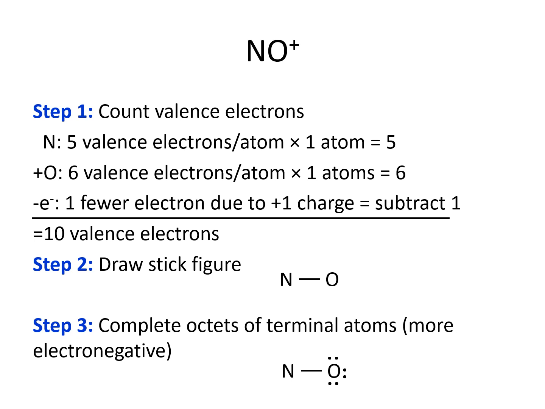Step 3. Complete the octets of the terminal atoms. In this case, since the molecule only has 2 atoms, there isn't really a central or terminal distinction. We are still going to follow the same principle, though, and complete the octet on the more electronegative atom first. In this case, that would be the oxygen, so we give it 3 lone pairs to complete its octet.